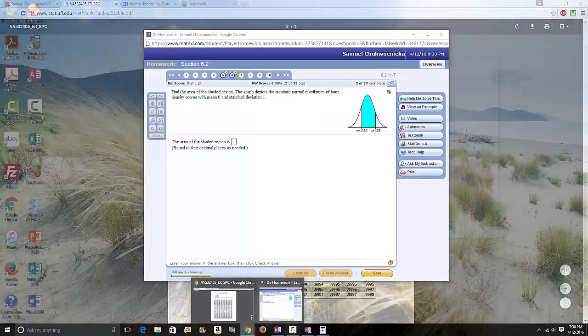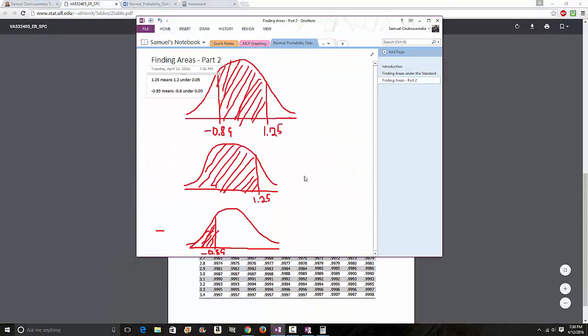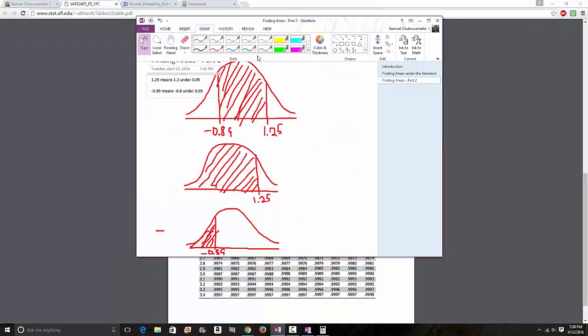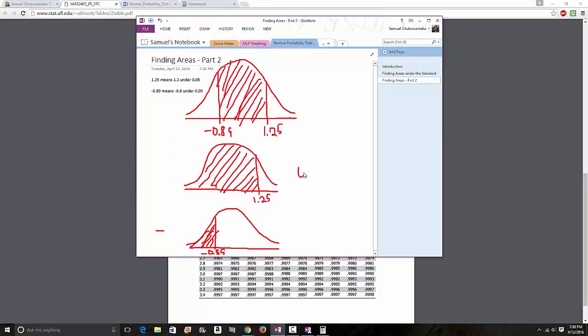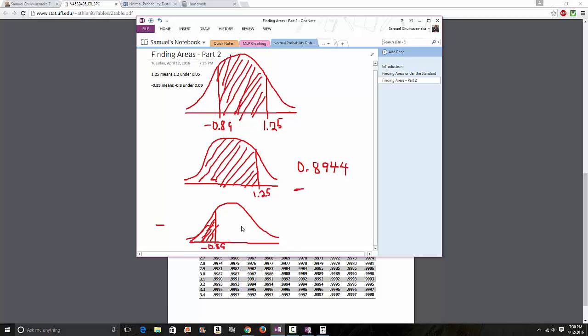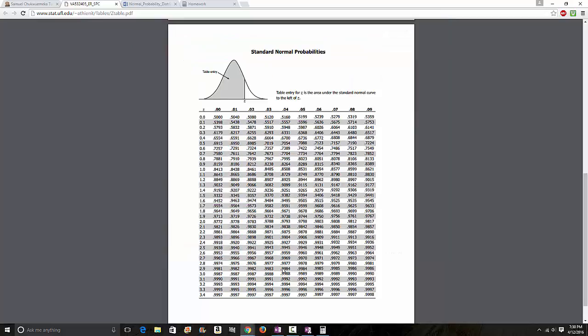So we write 0.8944, that is the probability or the area, minus, then we get negative 0.8 under 0.09.